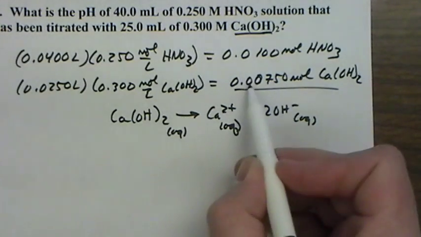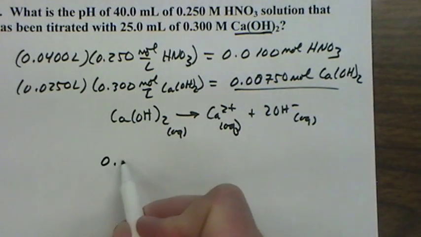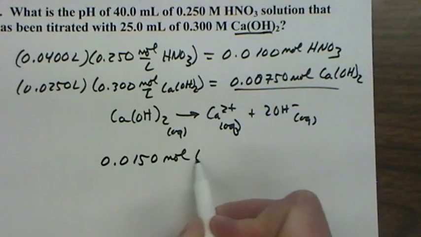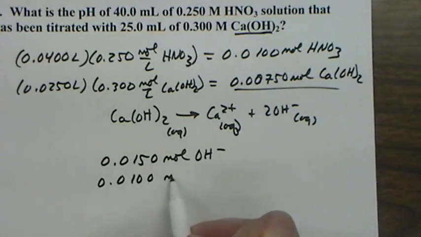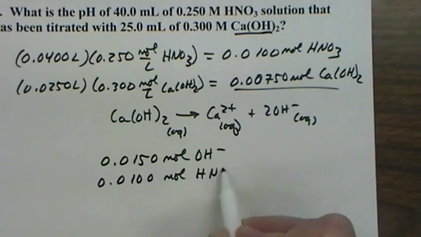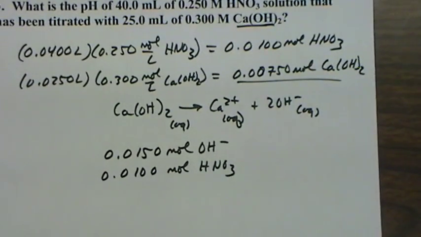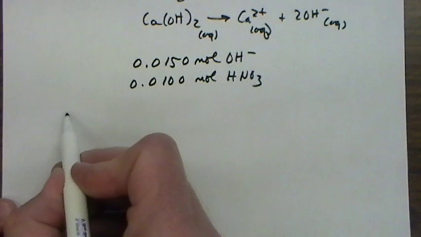So if we have 0.0075 moles of calcium hydroxide, we have 0.0150 moles of OH-. I do this out because the OH- is what's going to react with the acid. It's just easier to deal with than to drag that calcium all the way along.